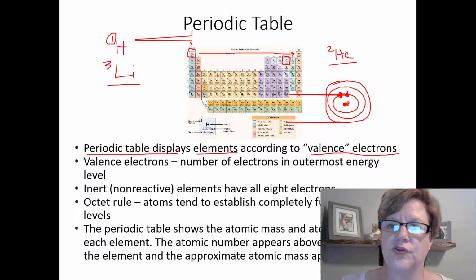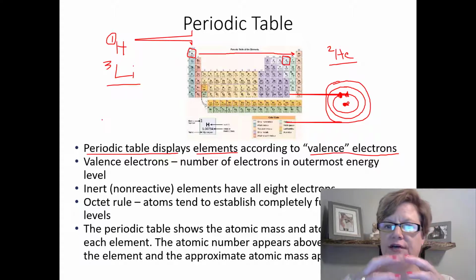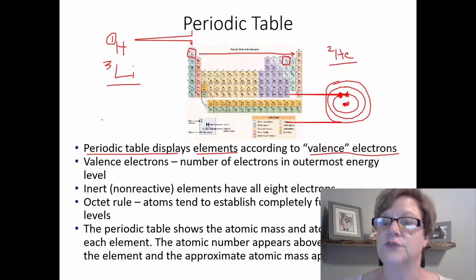What atoms are trying to do, if you want to give them some kind of intent, is to become stable. And the best way they can become stable is to have a full valence shell. So if you have just the first energy level only, then it needs to have 2 electrons to be full.